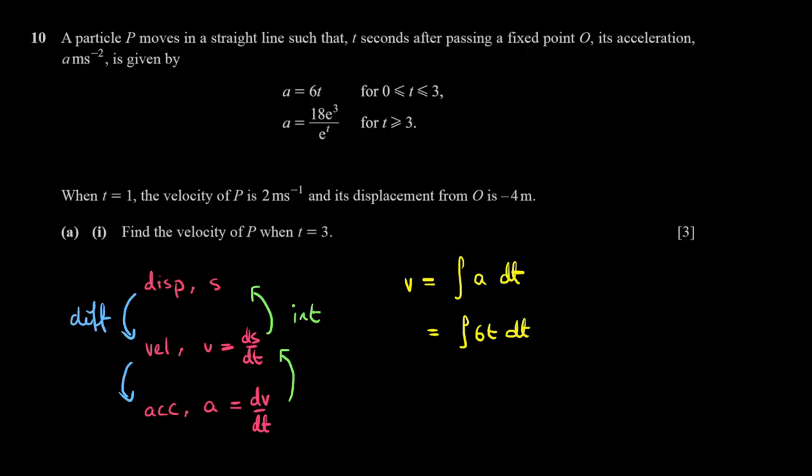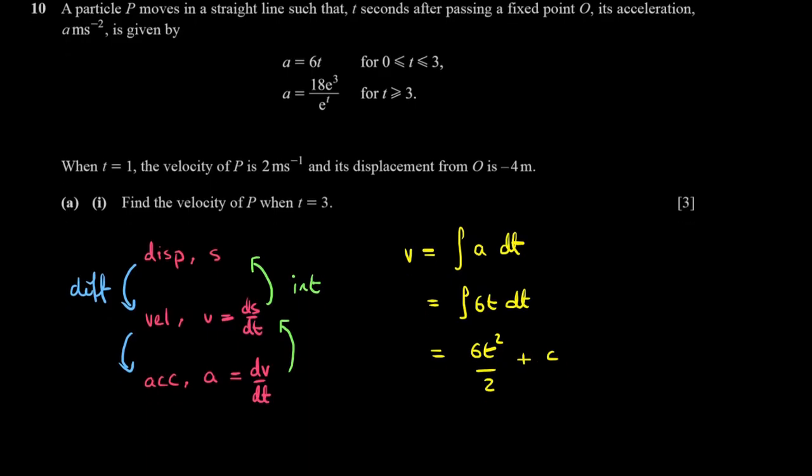We integrate 6t, we're going to get 6t squared over 2 plus c, which is a constant. This is where the condition here becomes important, because we're told that when t is equal to 1, the velocity is 2. That means that we are able to substitute those values in order to find out what c is. So let's just do that.